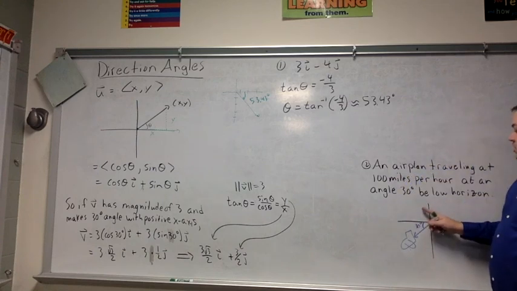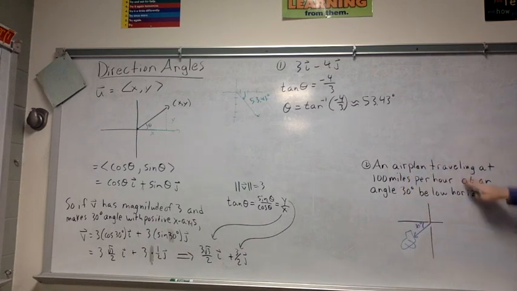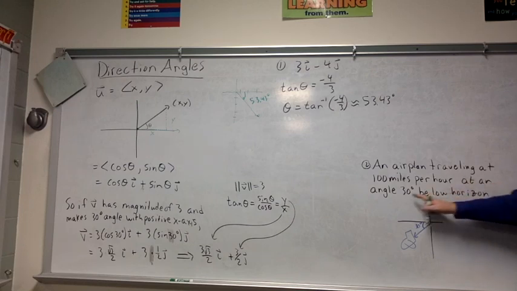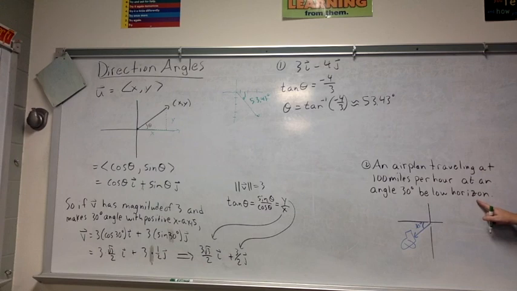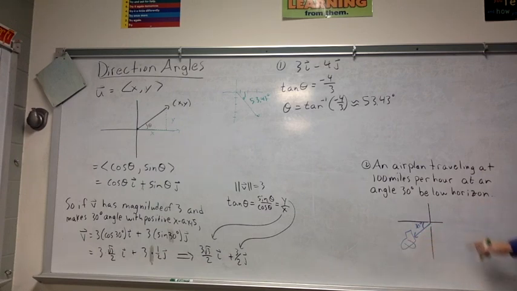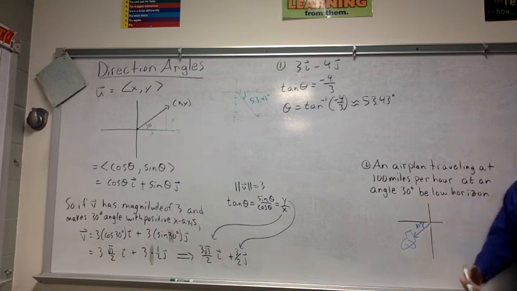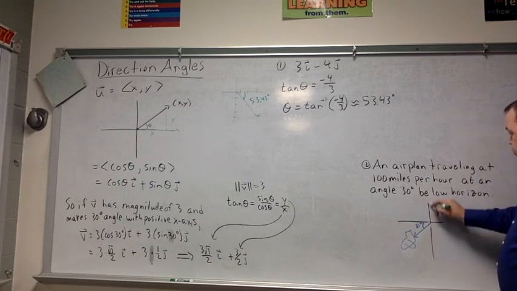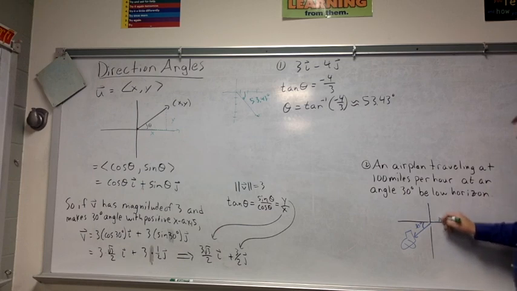So let's take a look at this example right here. It says an airplane traveling at 100 miles per hour at an angle 30 degrees below the horizon. So here's my plane. It's moving at 100 miles an hour and it's 30 degrees. So if we talk about bearing, we're basing that off of this direction, or if we base it off the positive x-axis, we're talking 210 degrees.